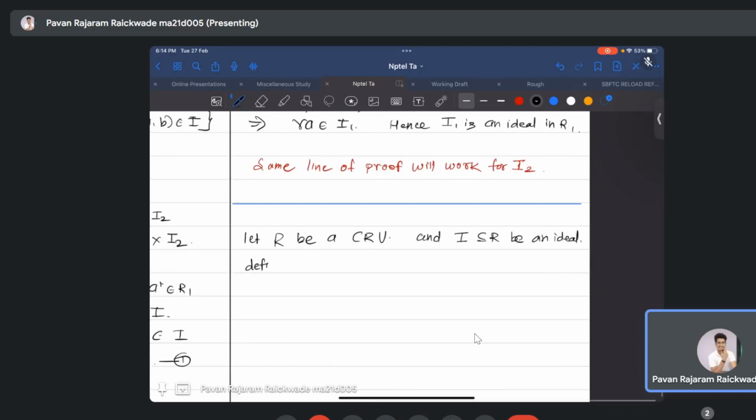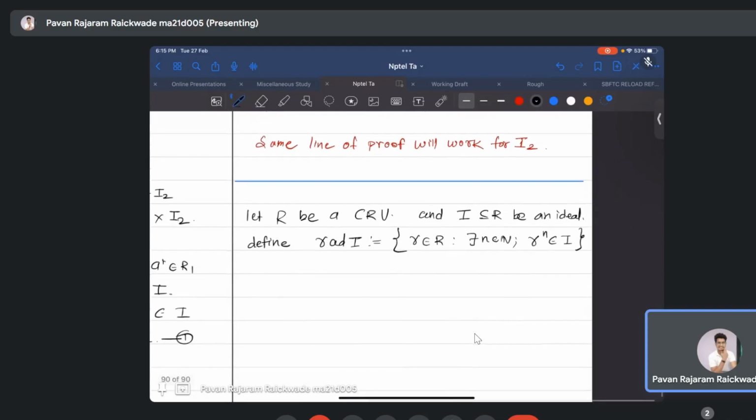Define the radical ideal, or rad of I, as the set of all elements r in R such that there exists n belonging to the natural numbers for which r to the power n is in I. This is called rad I, the radical of ideal I.